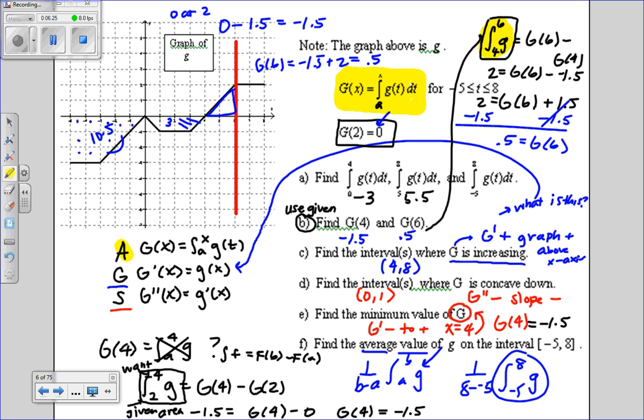That was 3, so this is negative 13.5. And then that's 2, 3, 4, 5, 6. So we have negative 7.5 divided by 13. Happy studying!